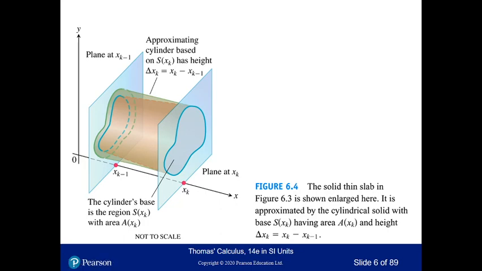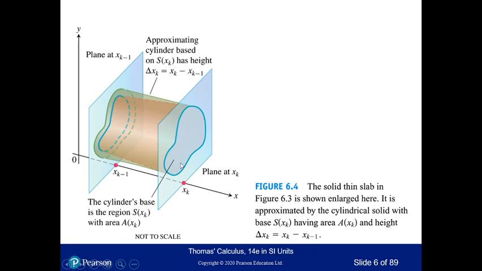Of course, this is an irregular cylinder, and it has a base area. The base area of this cylinder is A of x_k, and the height of this cylinder is delta x_k, which is x_k minus x_{k-1}.